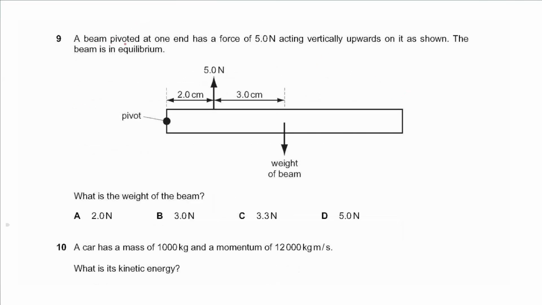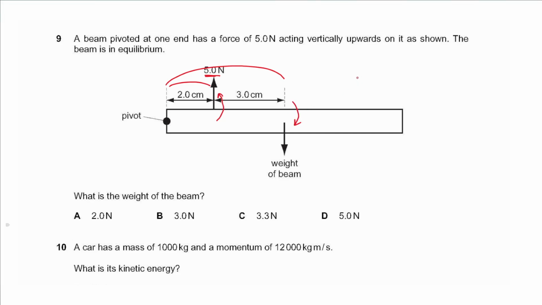Question 9 says a beam pivoted at one end has a force of 5 Newton acting vertically upwards on it as shown. The beam is in equilibrium. What is the weight of the beam? So we have the distances from the pivot, that is 2 centimeters and 5 centimeters, and this force creates an anti-clockwise moment and the weight creates a clockwise moment.